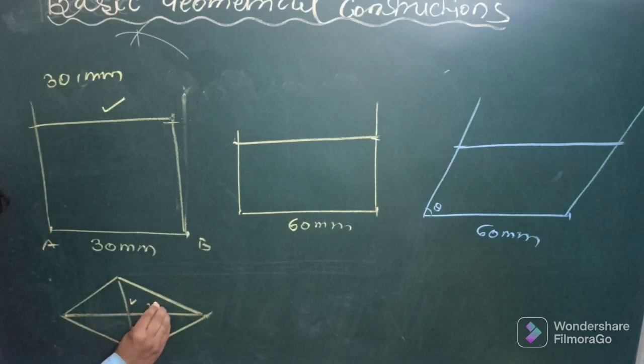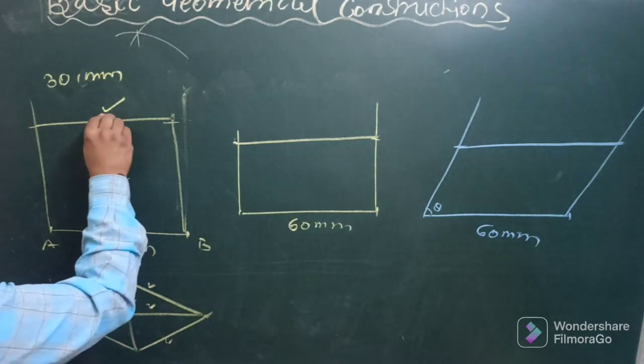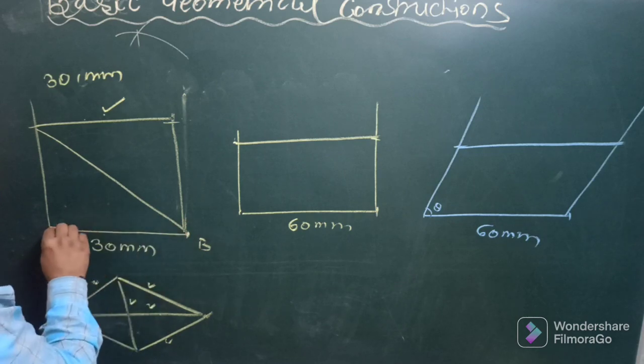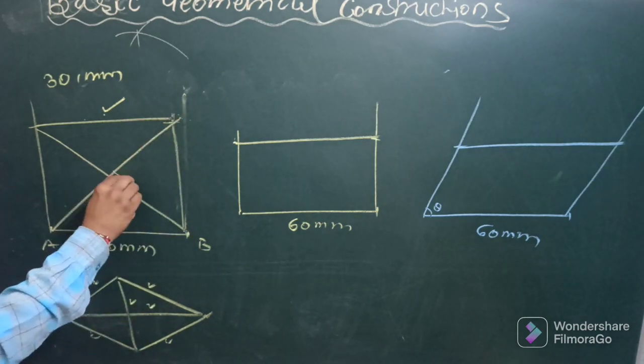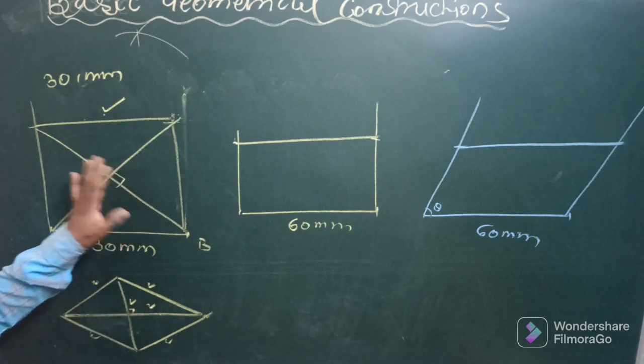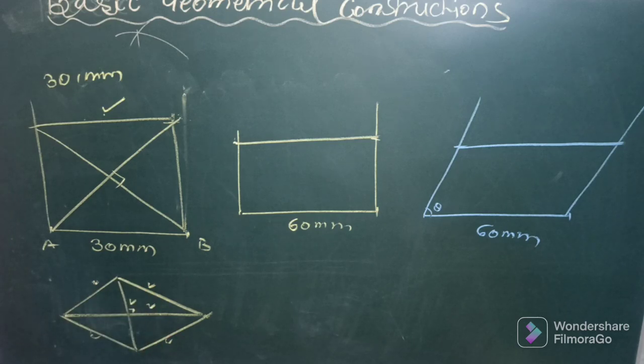So these diagonals are unequal but the sides are equal to each other, while in the case of a square all the sides are equal and the diagonals are also equal. Here the diagonals are also 90 degrees to each other. So diagonals are 90 degrees, here also it is 90 degrees, and all the sides are equal. The only difference is that unequal diagonals are there in the case of a rhombus.